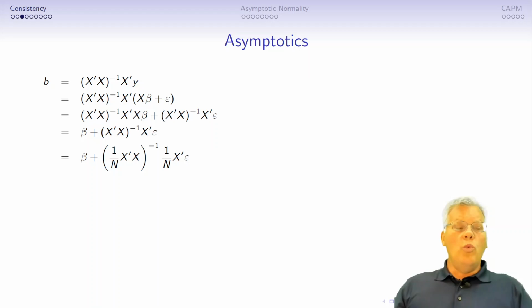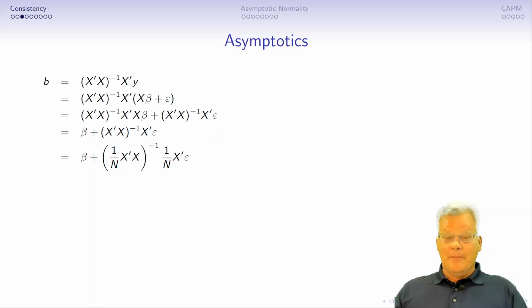Now we're going to do one additional modification to this equation that's going to help us with asymptotics. To introduce the idea of what happens as the sample size goes to infinity, what we're going to do with the junk term is multiply and divide by n.